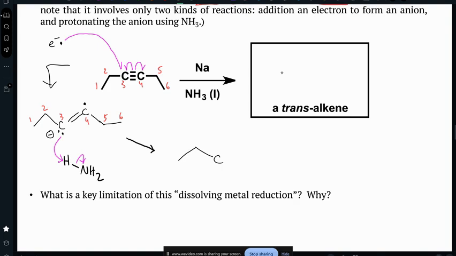That gives me this intermediate where I now have a hydrogen here. And I have the radical. Now, the radical, because it has that lone electron, the geometry of that isn't fixed. The free electron and the ethyl group that's coming off of carbon 4 can arrange themselves however they want.